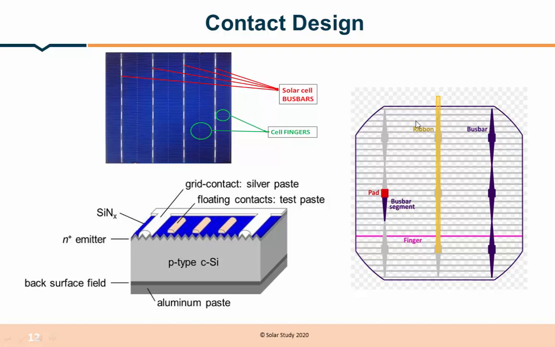Now let's see what the fingers are. A finger is perpendicular to the conducting bus bars. These conducting bus bars produce DC voltage because the cell contains P and N type layers. Due to recombination, DC voltage is produced. So how will it carry current? First of all, we have to see these fingers. What happens when light is incident on the solar cell?